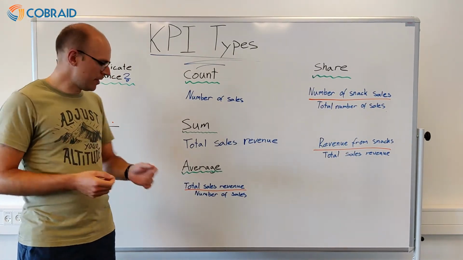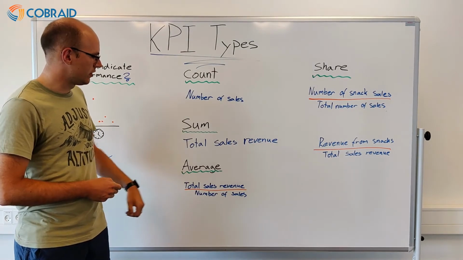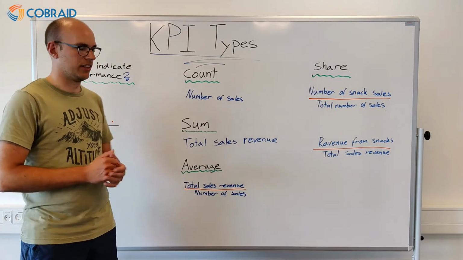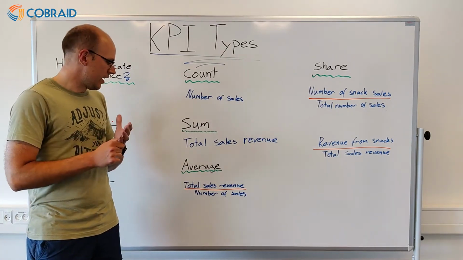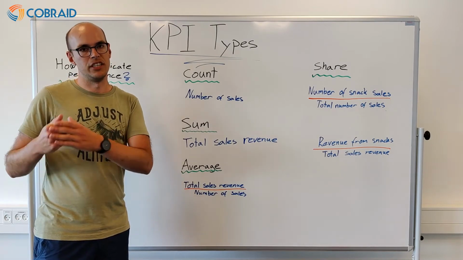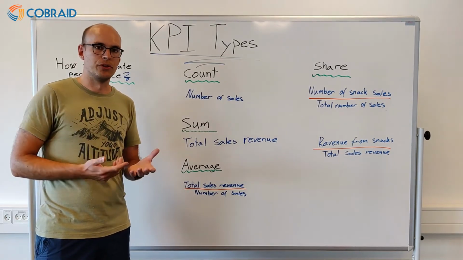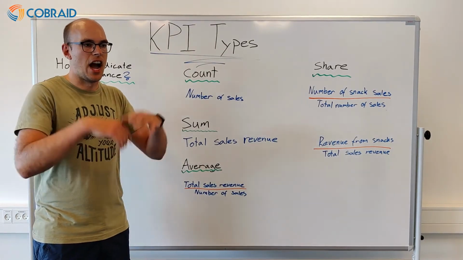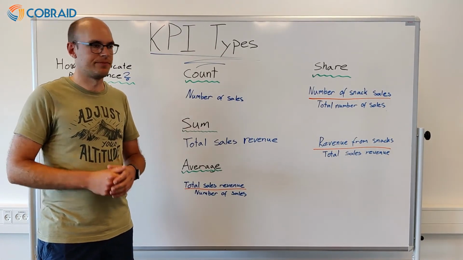And in the case of the cinema, we could take the total sales revenue that we looked at before and divide it by the number of sales. And then we get the average revenue generated from each sale. And we will usually work towards increasing that number to get higher revenue from each sale.